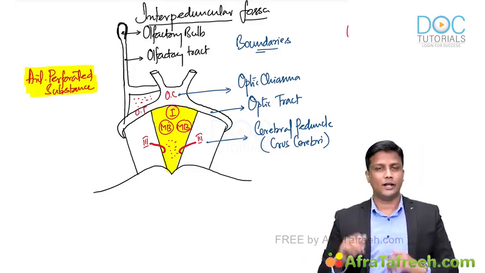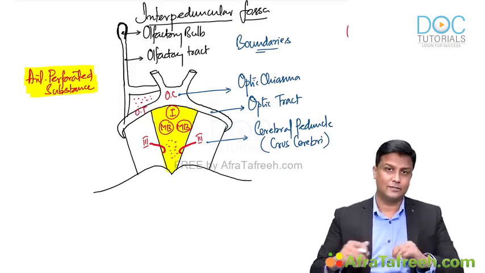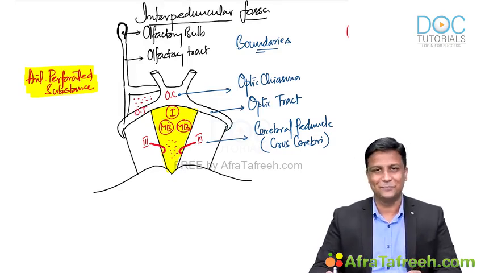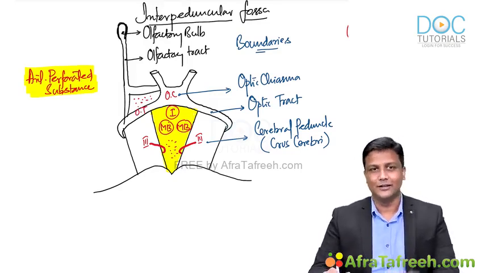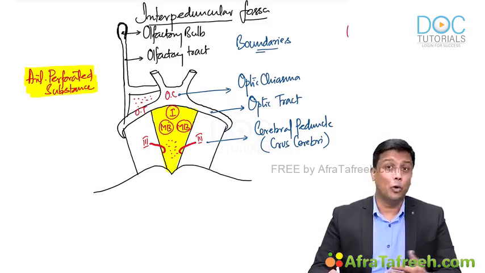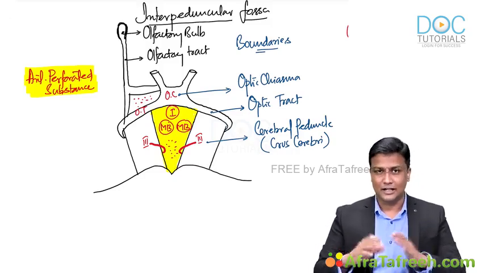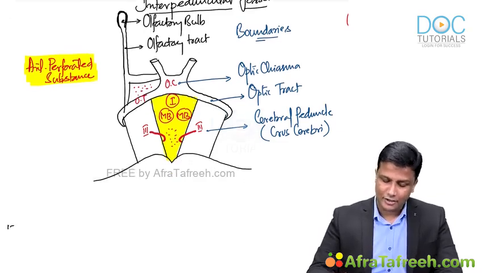So medially optic chiasma, posteriorly optic tract. But what do you have on the lateral aspect? That was the question asked in the exam. On the lateral side you will actually have the insula, the hidden lobe. But in the options they did not give insula, they gave the name of the opening of that, and the opening is known as limen insulae. So on the lateral side you'll be able to appreciate the opening of the insula, that is limen insulae.